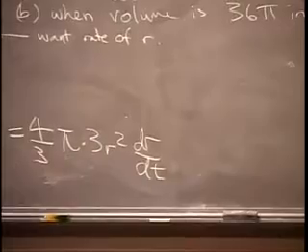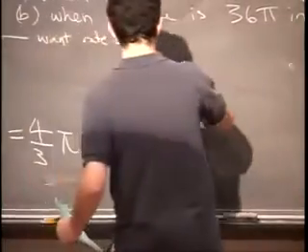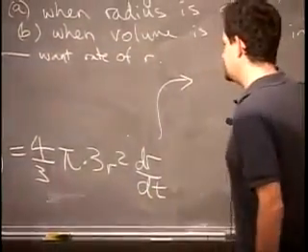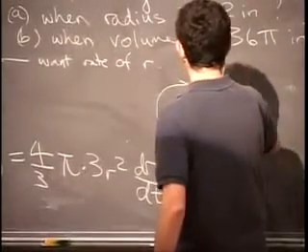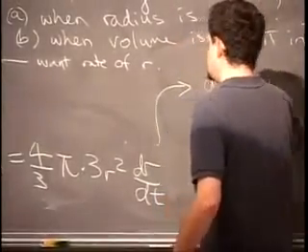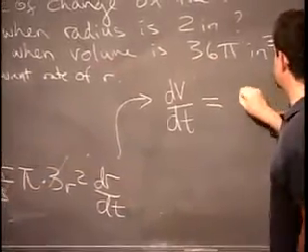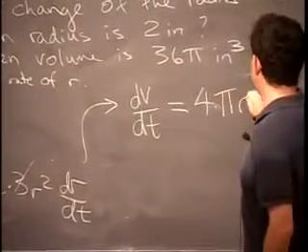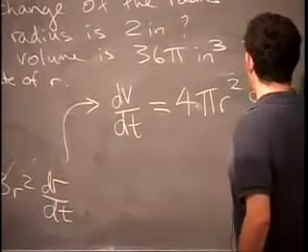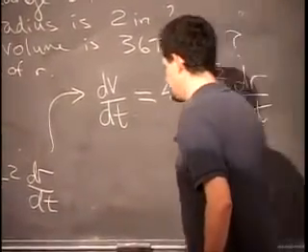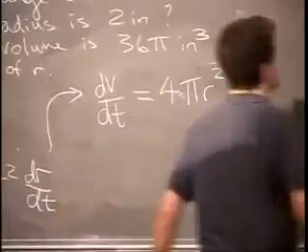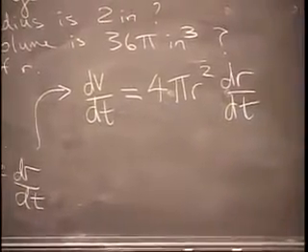Okay, so let's rewrite that. So we have shown that dV/dt is, well, we can cancel out the 3's here. So it just works out as 4 pi r squared dr/dt. Let's pause for a moment, take a look at that while I get some more space over here.